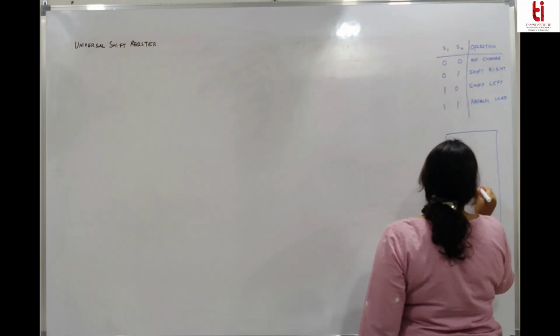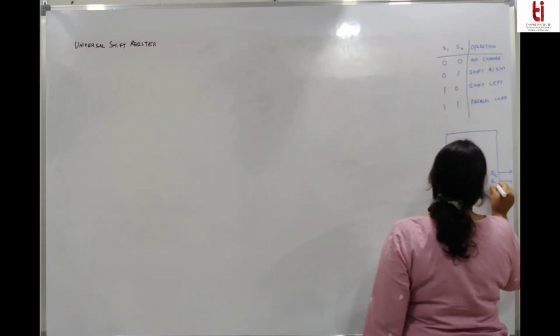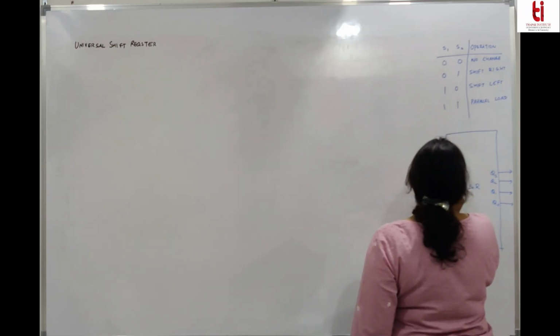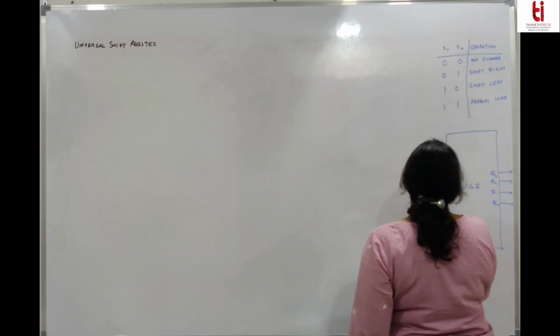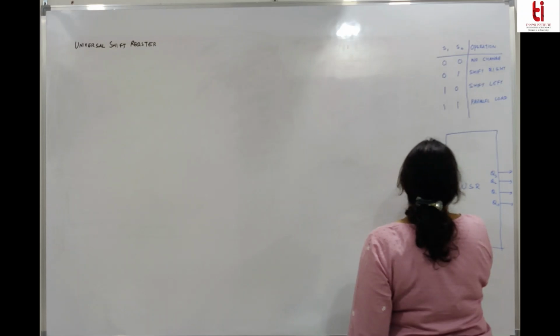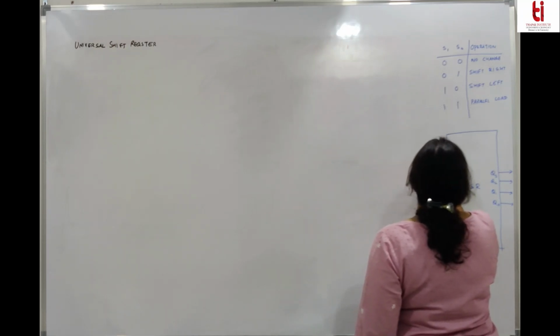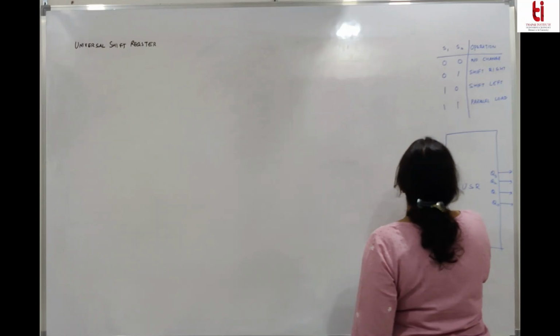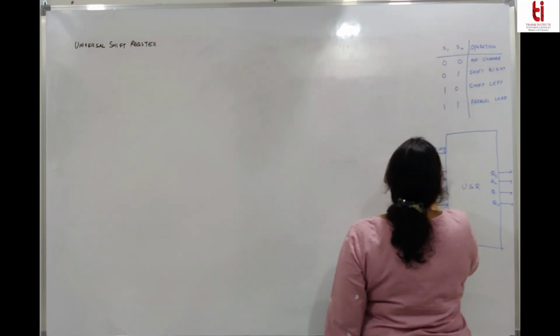Then what is the actual block diagram of a universal shift register? We have 4 outputs, four inputs, a clock, clear bar, a serial in, serial shift, and a shift left, shift right.